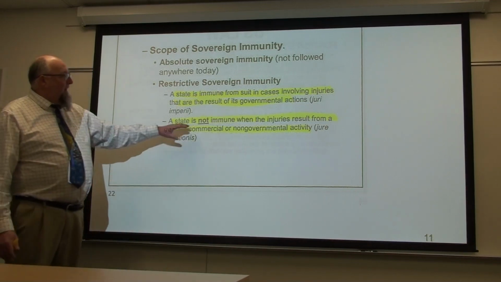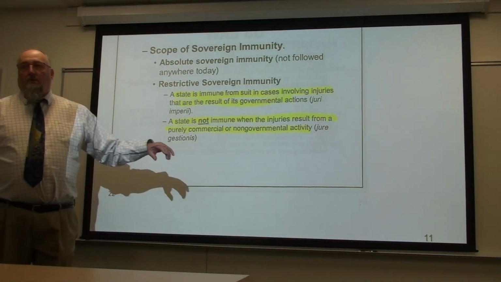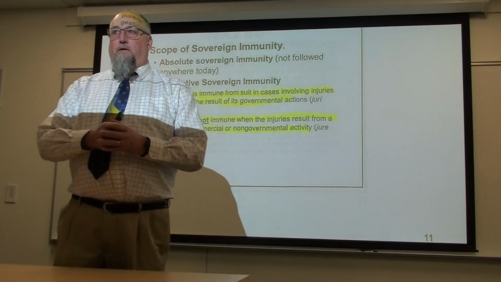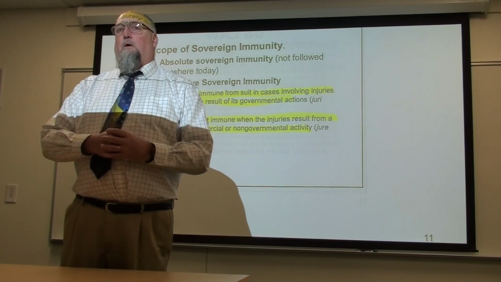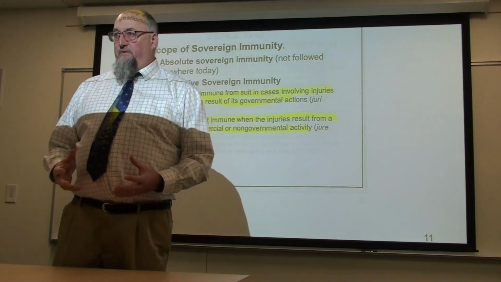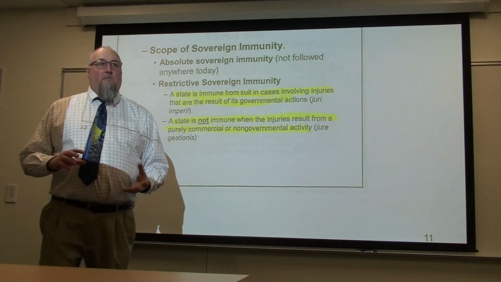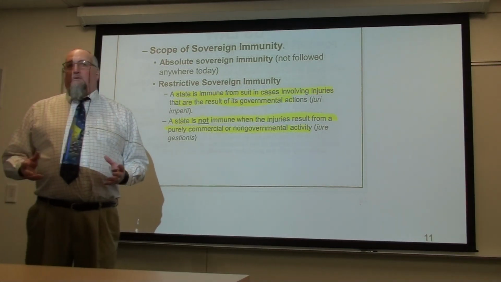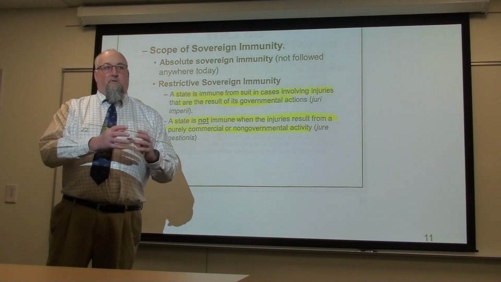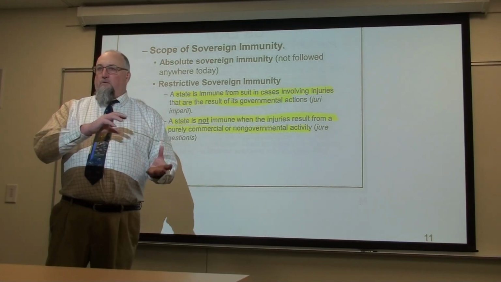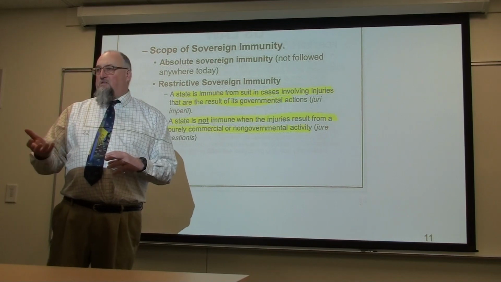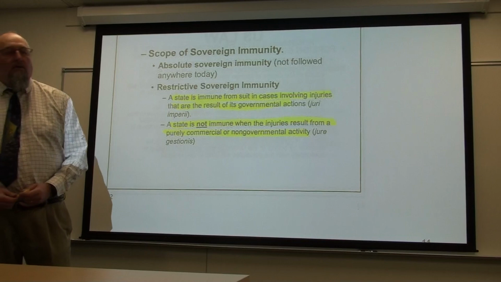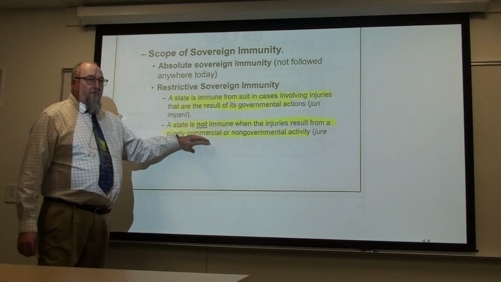But for actions that result from activities that are not solely limited to a government, such as commercial activities, then a state may not be able to claim immunity, because their actions are the same type of actions that may occur in the private sector. The best example I can give you of this would be a breach of contract.